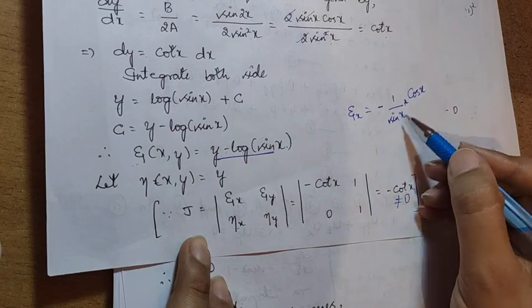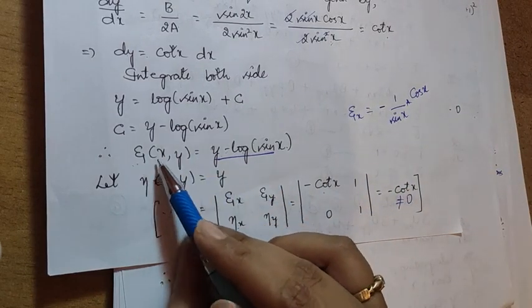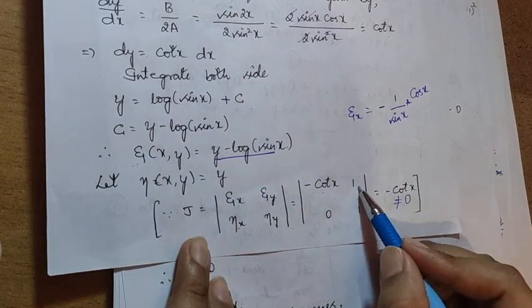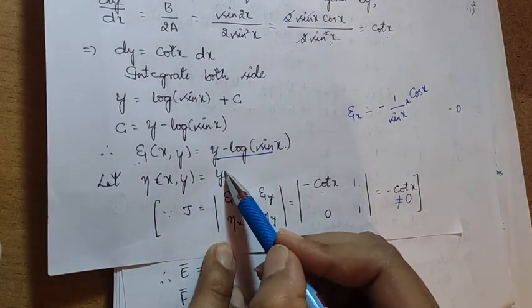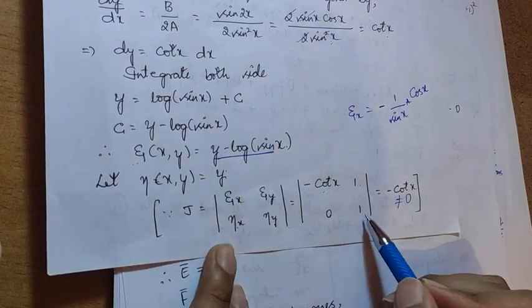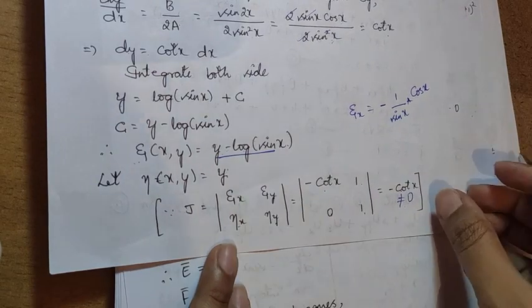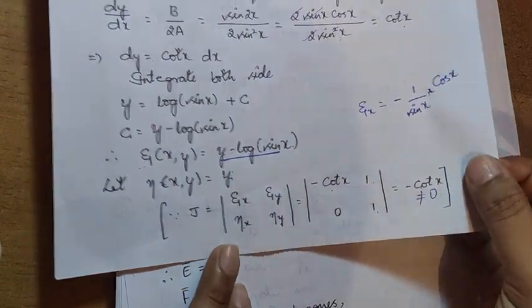So minus cos x by sin x, that is nothing but minus cot x. Differentiation of xi with respect to y is 1. Eta is y, so if I differentiate with respect to x, it will be 0. With respect to y, it is 1. So I will get minus cot x, which is not equal to 0. So whatever I have chosen for eta is correct.